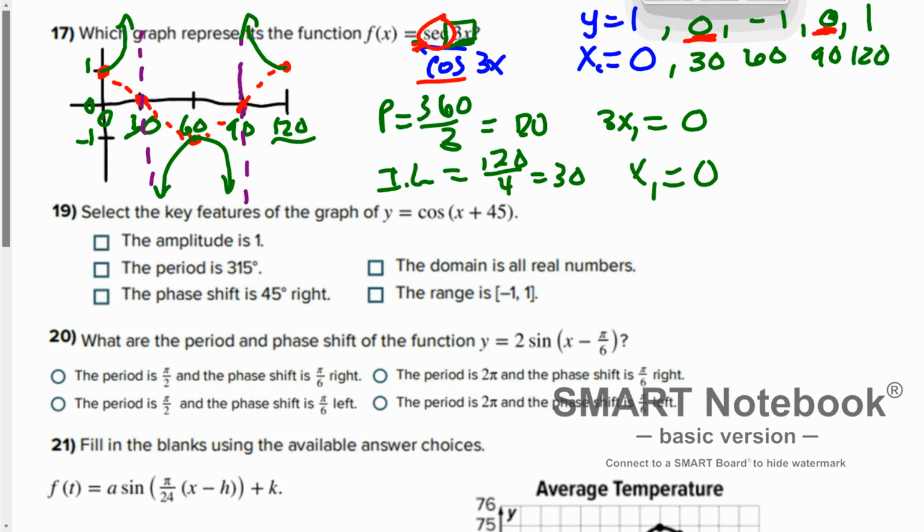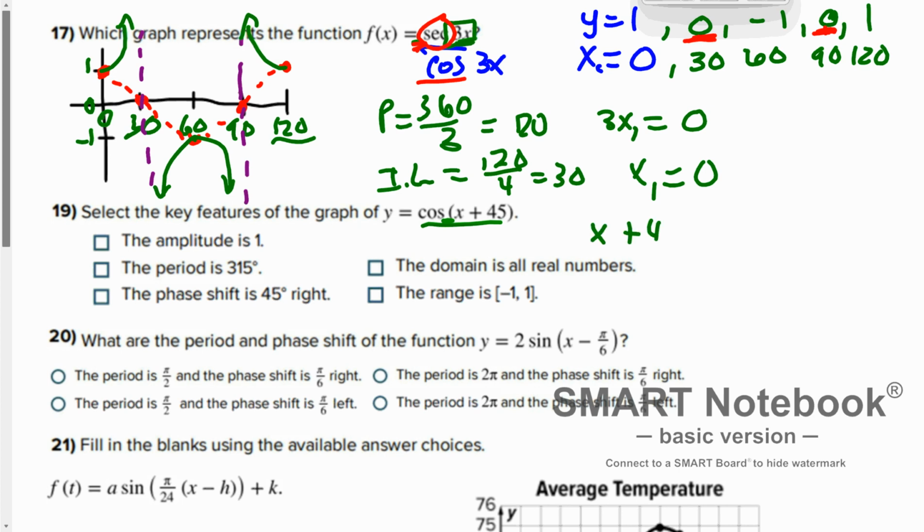Okay, now key features of this function right here, cosine of x plus 45. Because that plus 45 is inside the parentheses, that's going to deal with our phase shift. What we do is set what's inside the parentheses, or what's taken the cosine of, even if there's a number out here in between, equal to 0, for cosine and sine and cosecant and secant and cotangent.